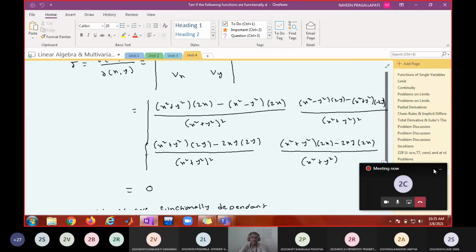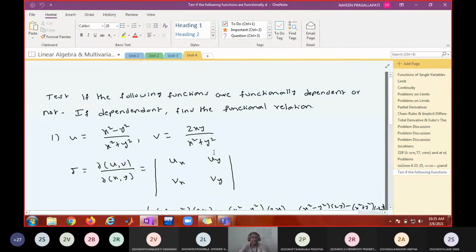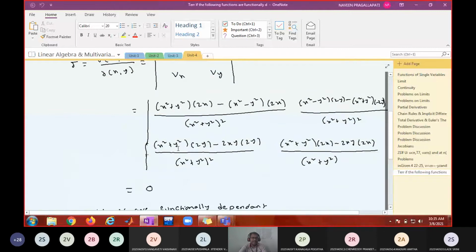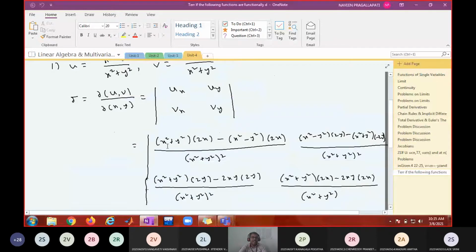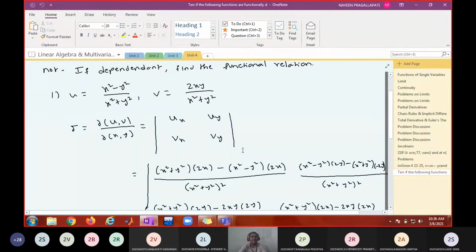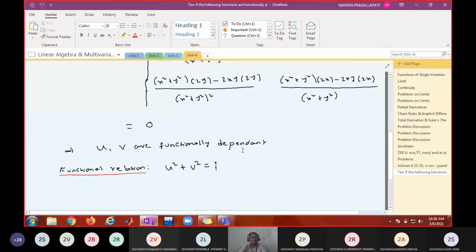So last class we did one problem. If u and v are given, you tested whether u and v are functionally dependent or not by finding the Jacobian. If the Jacobian is 0, then they will be functionally dependent. That means there exists some relation between u and v. If the Jacobian is non-zero, they will be functionally independent.